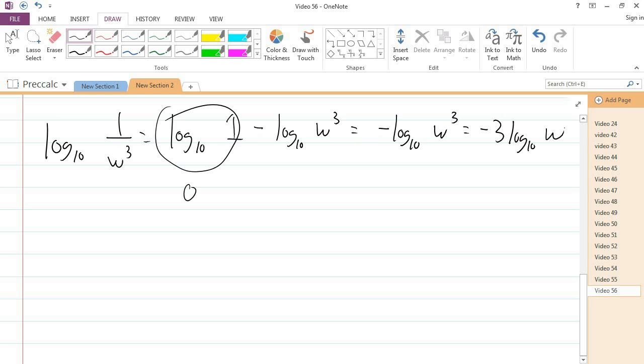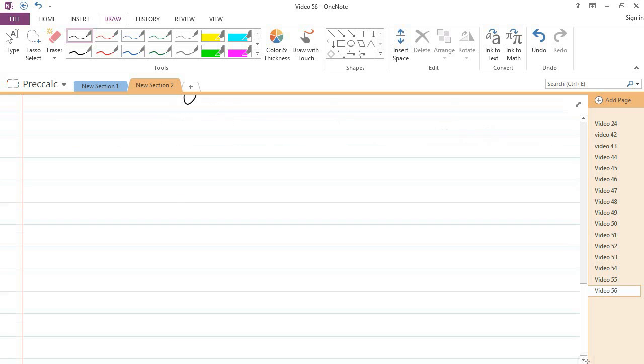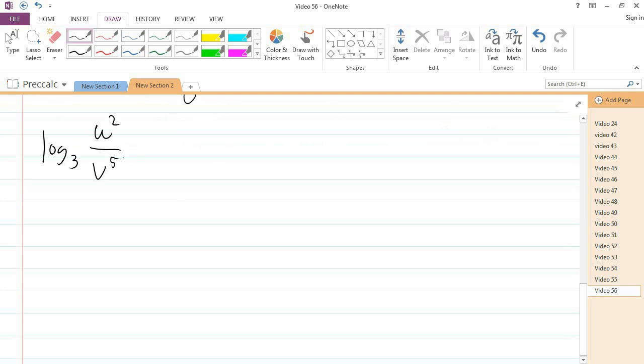Let's look at something even more in depth. Let's look at log with 3 as a base of u squared over v to the fifth. Division lets me write this as subtraction, and then I can move these two exponents out in front.